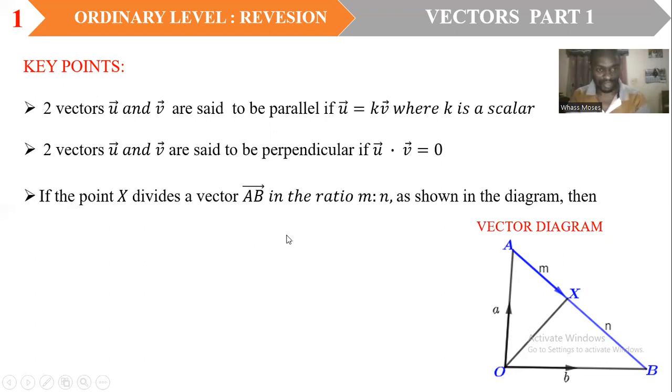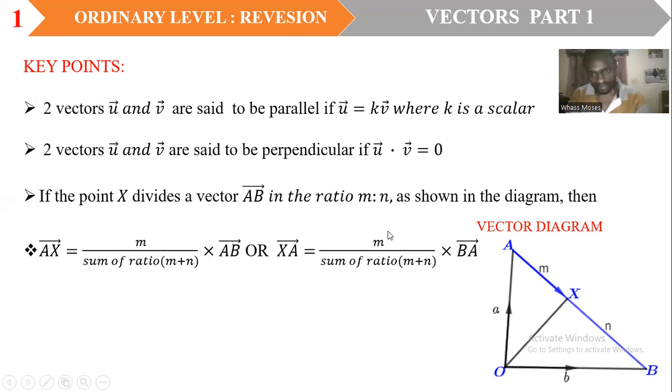If the point X divides a vector AB in the ratio M is to N, as shown in the diagram, the first thing is to find AX. This is what we do.